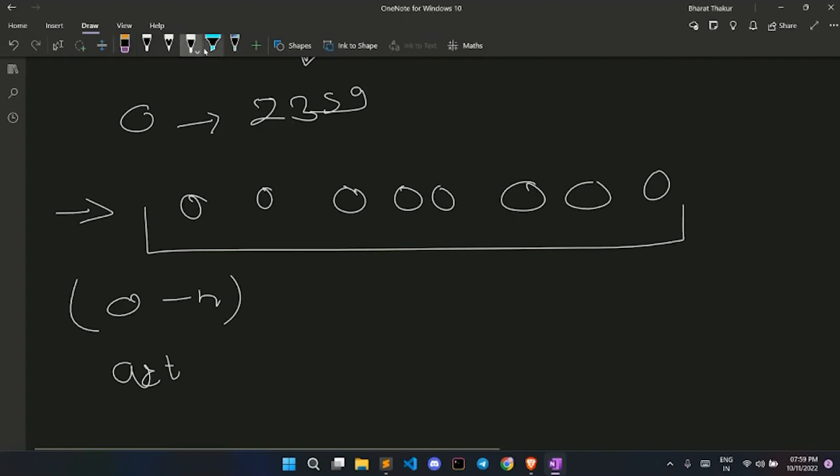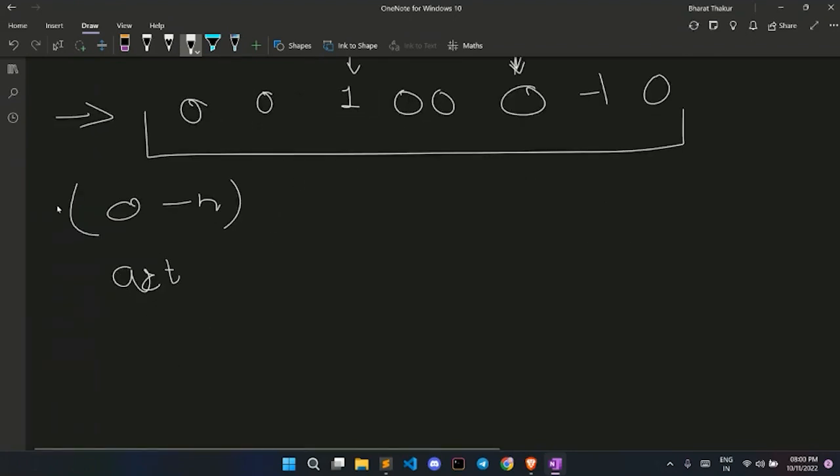So if a train is arriving at this particular point, then increment this by 1 because one train has arrived. And at what point will it depart? Let's say at this point. Till this point we had one train here. So at the next point we will decrement the value by 1 because one train left. So now we have one less train from the previous one. Okay.